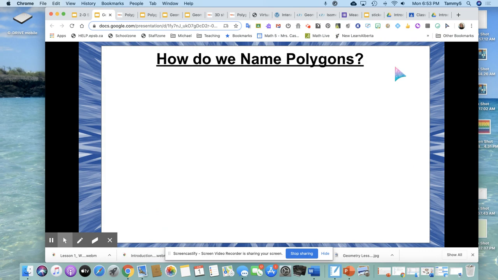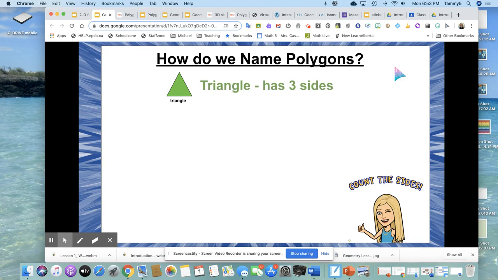How do we name polygons? What we first need to do is count the number of sides. So let's take a look at this triangle. A triangle has 3 sides, so any shape that has 3 sides is called a triangle. Any 4-sided figure is called a quadrilateral. Now, this is a big word, grade 3s, and there are lots of different types of quadrilaterals.